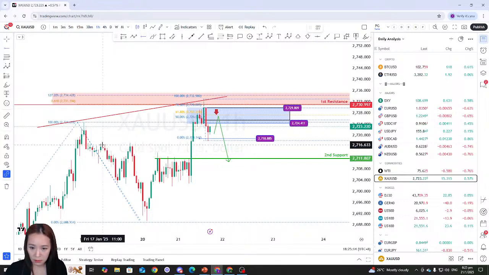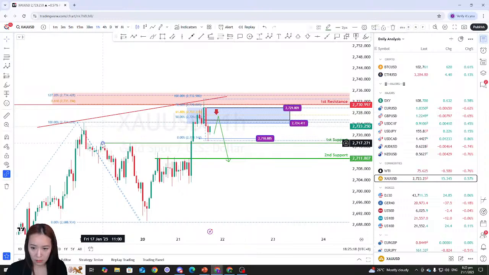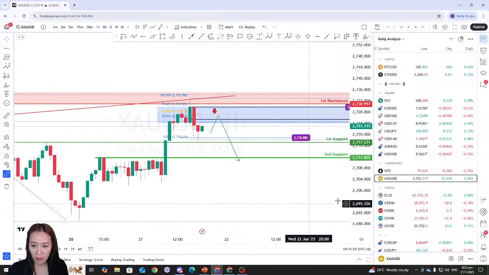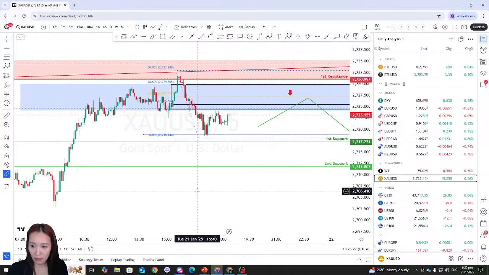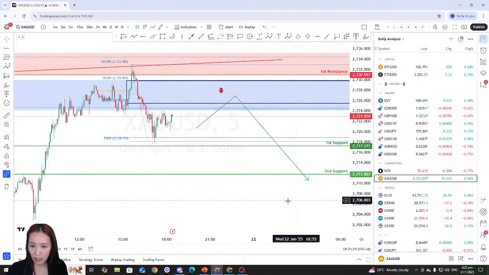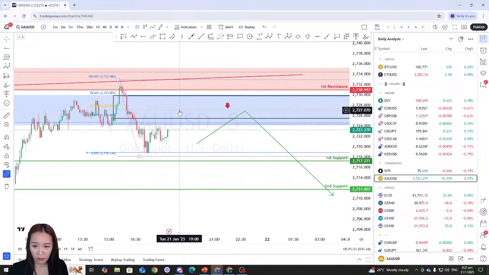This is for H1. Okay, you see price pulled back already, you wait first. Then we sell somewhere around here. We go to H1 or M5, right? Now it's ranging, you wait for price to pull back within this zone, and then you sell.